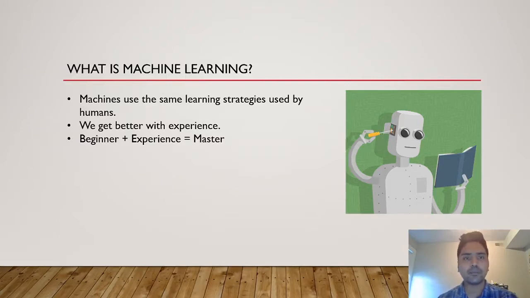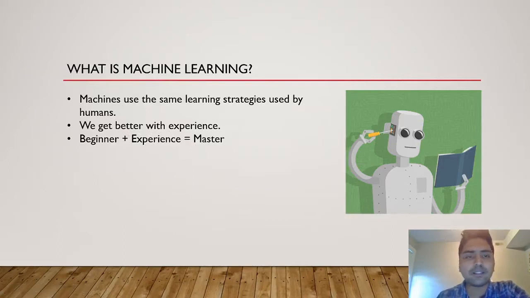The same strategy applies to machines as well. The machines are also dumb or don't have any skill at the start. But as it keeps doing the same thing again and again, or it gets experience, it becomes very good in that task. How the machine gets this experience is what is defined by different types of machine learning.